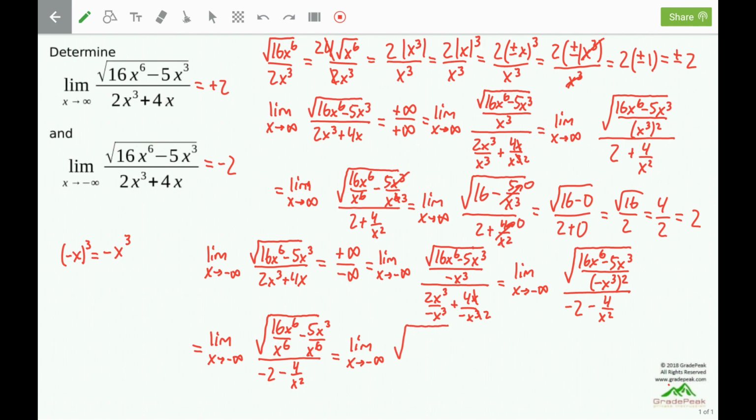The first term in the numerator, the x to the 6, will cancel, leaving a 16. In the second term, 3 of the x's from the denominator can cancel with the 3 x's in the numerator, leaving a minus 5 over x cubed. We'll leave the entire denominator alone. Each term that is a constant divided by x to a positive power will go to 0 as x approaches negative infinity.